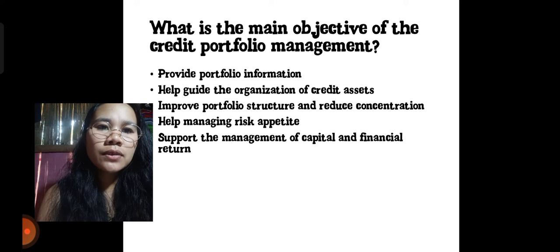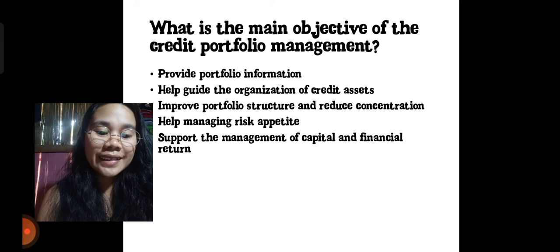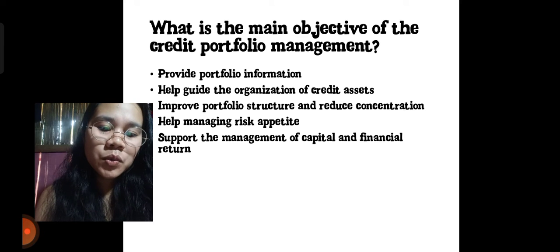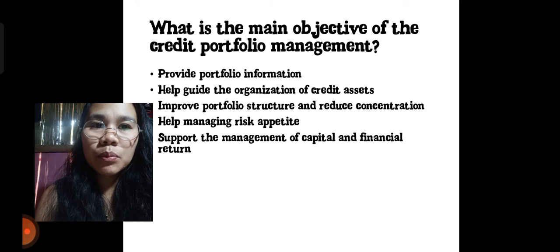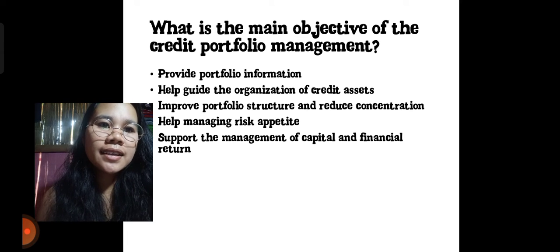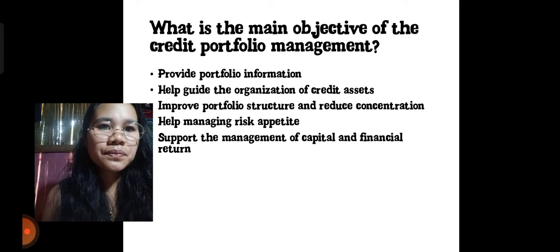Next is help guide the organization of credit assets. It will help the formation of a future portfolio. For example, we are students, we make a portfolio. So that past portfolio can become a guide in the future.